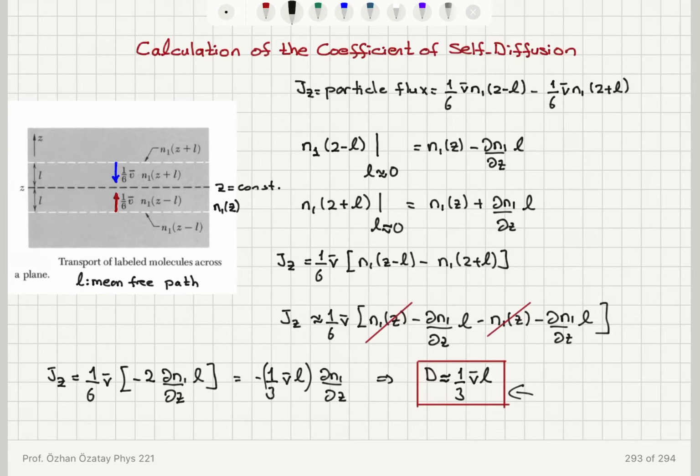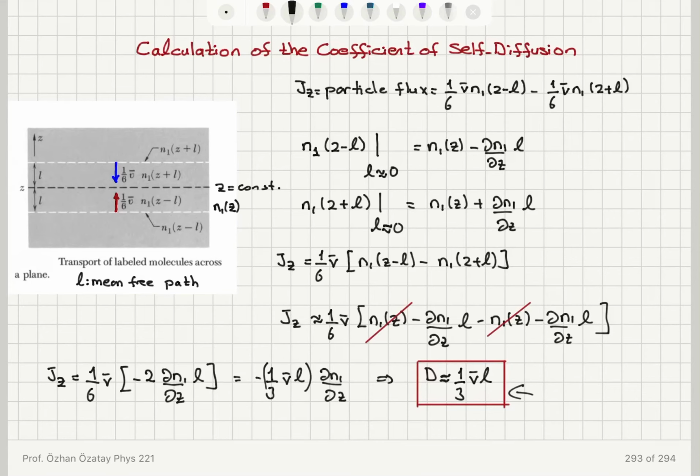now I want to use elementary kinetic theory to calculate the coefficient of self-diffusion. This is very similar to the calculation I did for coefficient of viscosity, where I had transport of momentum. Here we have transport of molecules, and we can see that the net particle flux through a z equal to constant plane is 1 over 6 v bar n1 at z minus l minus 1 over 6 v bar n1 at z plus l.